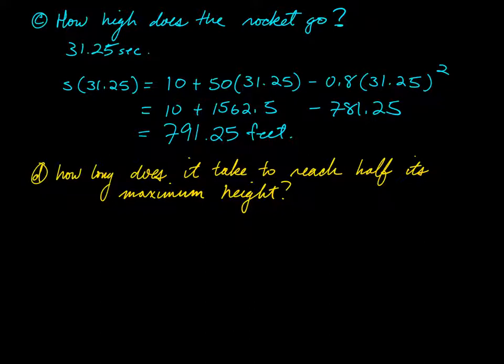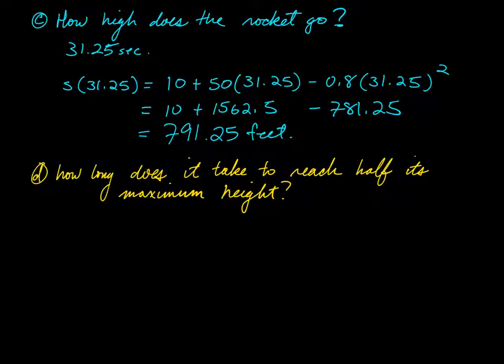For part D, how long does it take to reach half its maximum height? So when the rocket gets launched, how long does it take for it to reach half of its maximum height? We know that the maximum height is 791.25 feet.